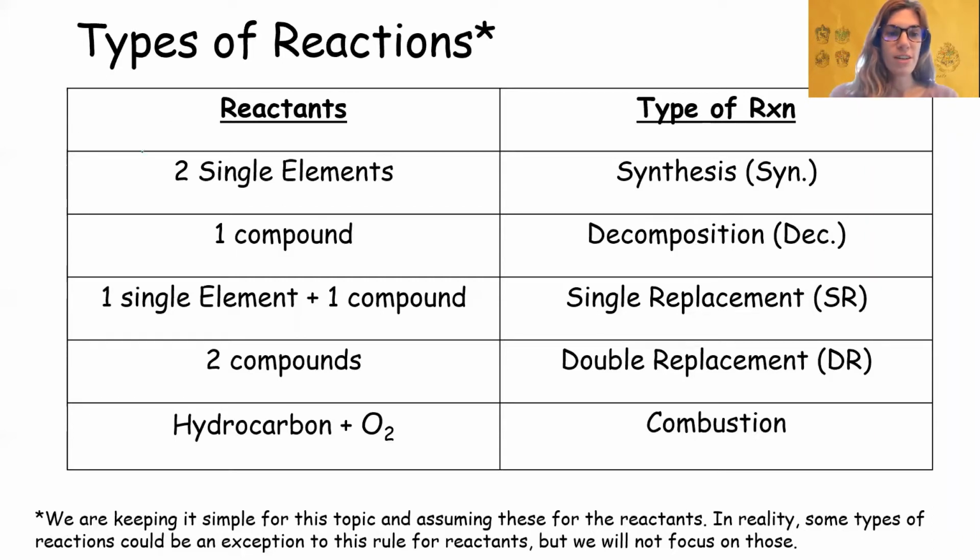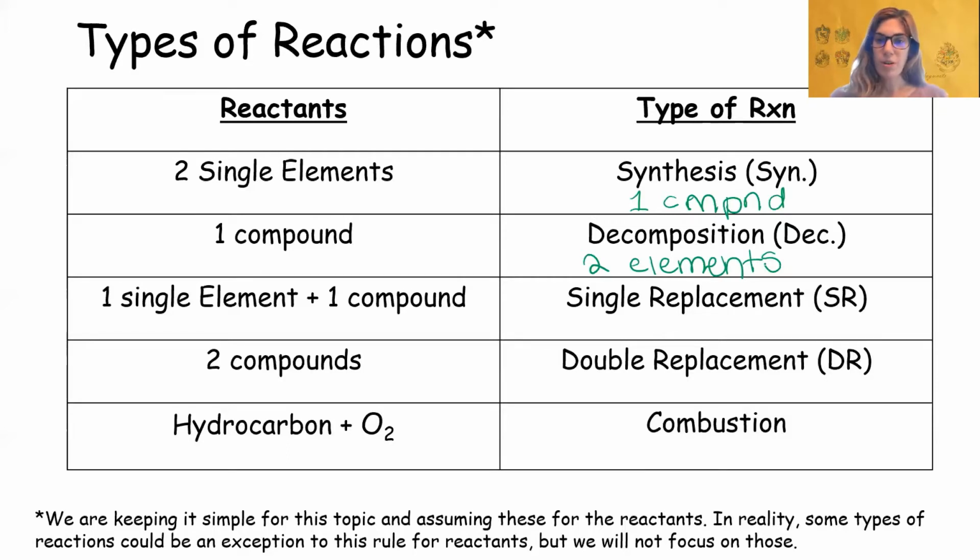In terms of predicting products, if you see 2 single elements by themselves for reactants, then it is a synthesis reaction and it will form 1 compound. If you see 1 compound by itself as a reactant, and that's just 1 thing, then it will be a decomposition reaction, meaning that it will produce 2 single elements, or polyatomic ions.